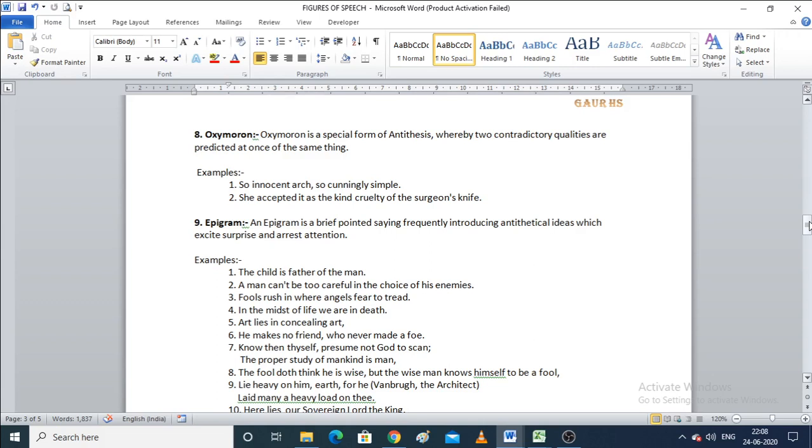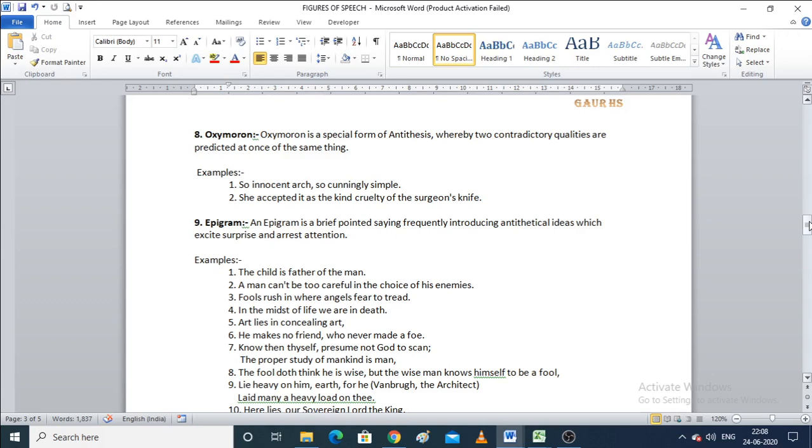Now, the examples. The child is father of the man. Is that even possible? This statement depicts that the child who is very small is the father of the man. The real meaning is that the child is more clever and smarter than that man.